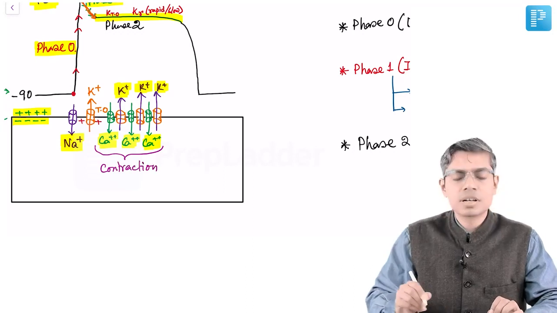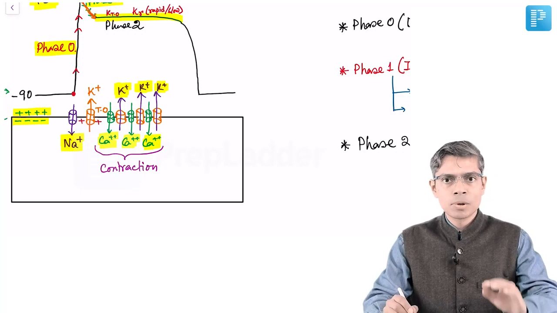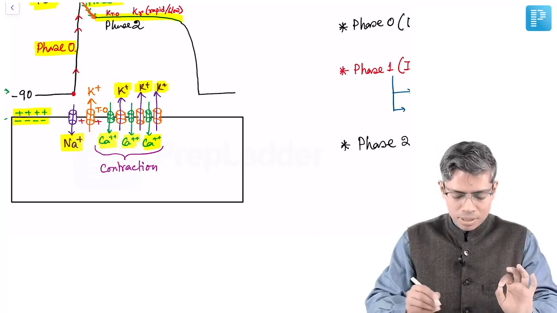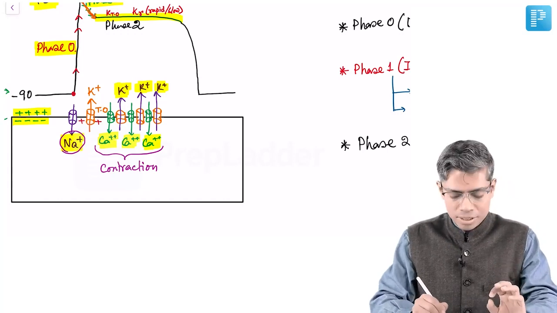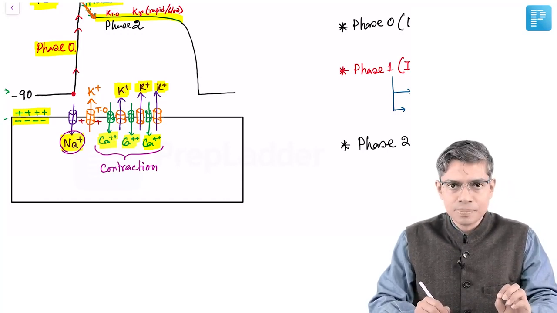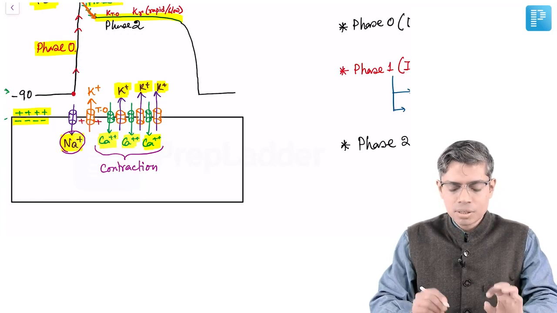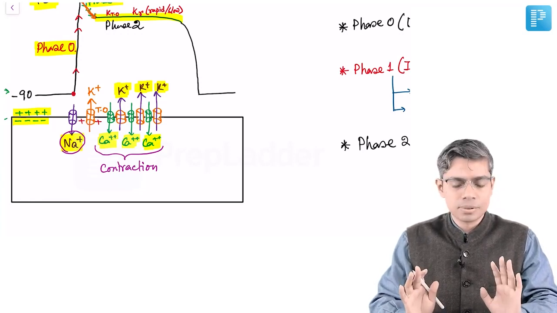Contraction will not start with phase number 0, because in phase number 0 there is entry of sodium only. Sodium cannot cause contraction. Calcium is entering in phase number 2, so contraction will initiate when the calcium enters in phase number 2.